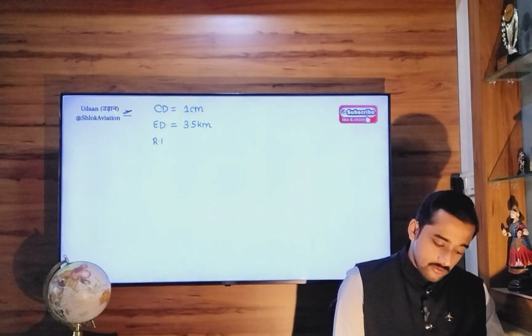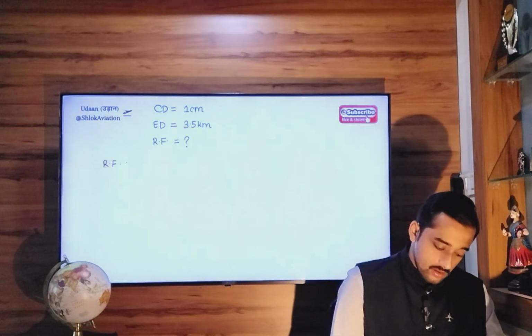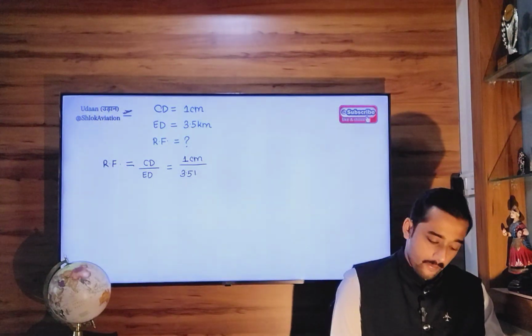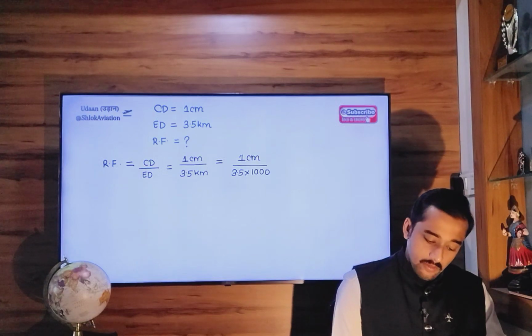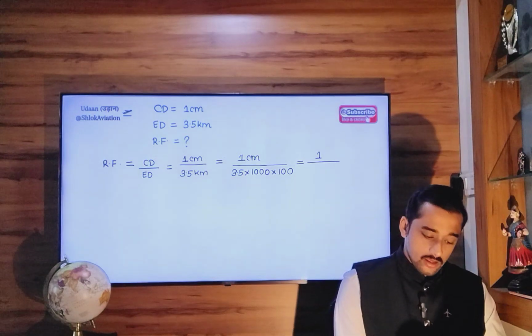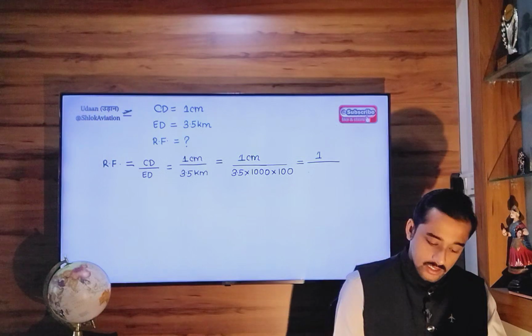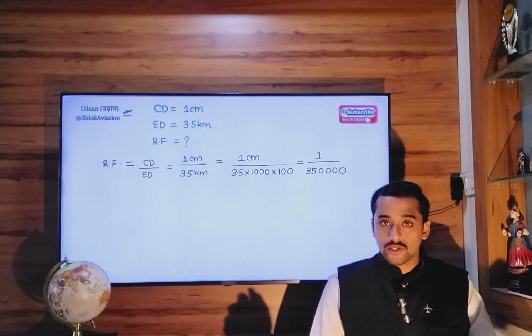So representative fraction will be equal to chart distance upon earth distance, 1 centimeter divided by 3.5 kilometer, that is 1 centimeter divided by 3.5 into 1000 meter into 100 centimeter. So 1 divided by 3.5 into 1000 into 100, that is 350,000. So this is your final answer. 350,000 is your scale.